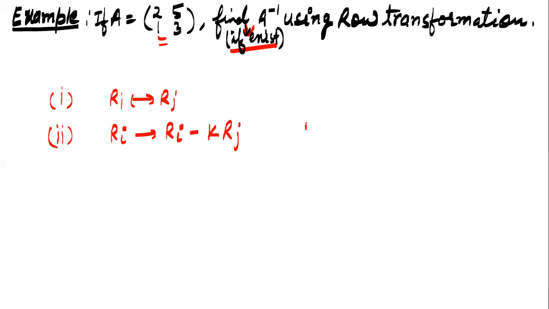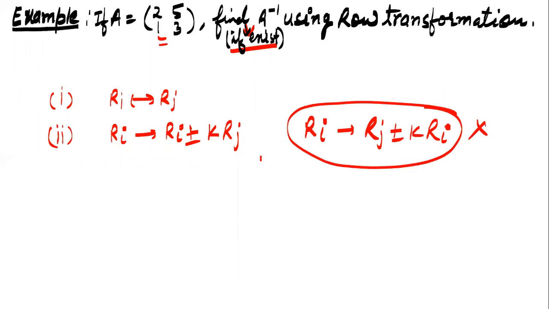Writing Rj plus minus K Ri like this is wrong. Means we can add or subtract in a row the multiple of any other row. Third step, we can multiply or divide any row by a constant.